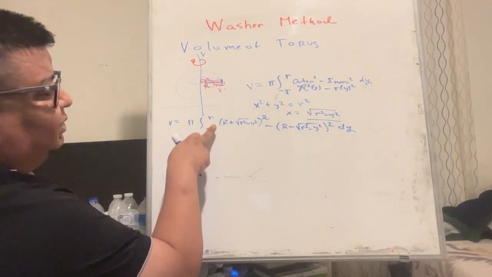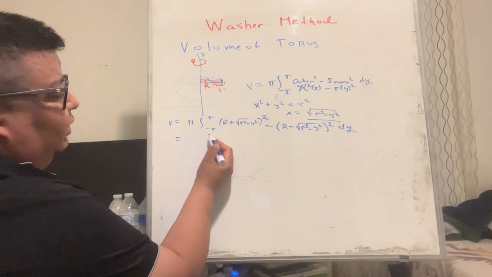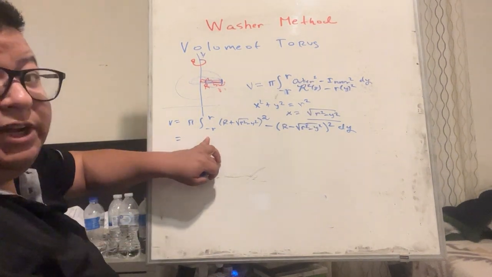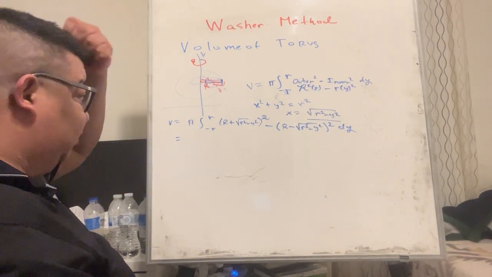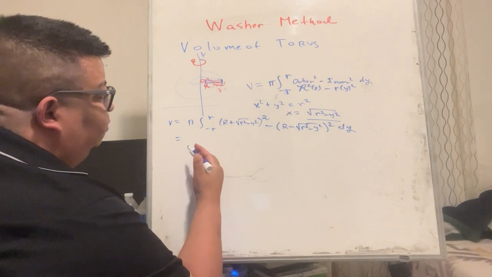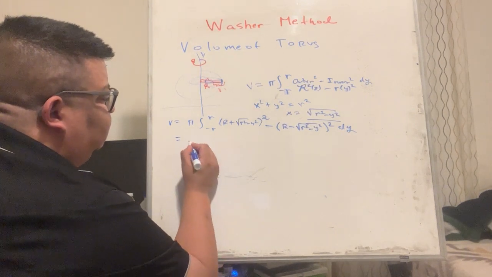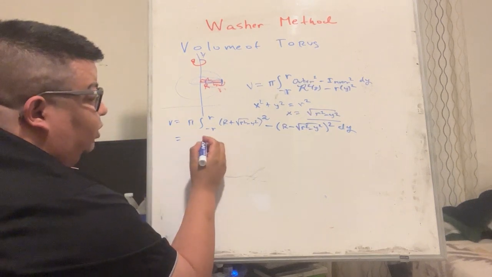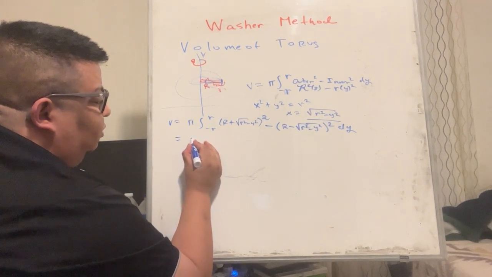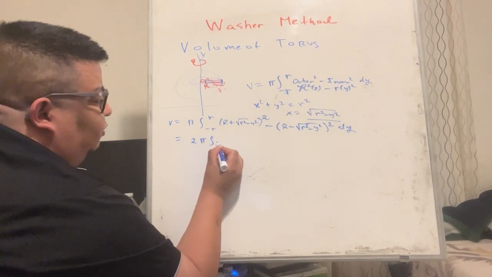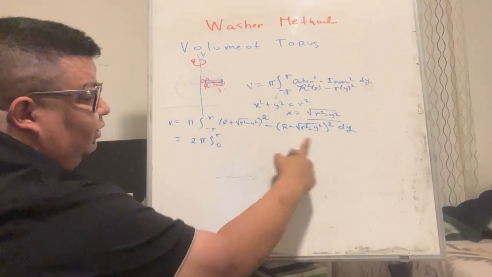Notice, because I have symmetry, here basically I'm computing half of the circle. So I'm going to get rid of this negative r. Because of symmetry, I'm just going to do 2 pi from 0 to r, and then I FOIL this.